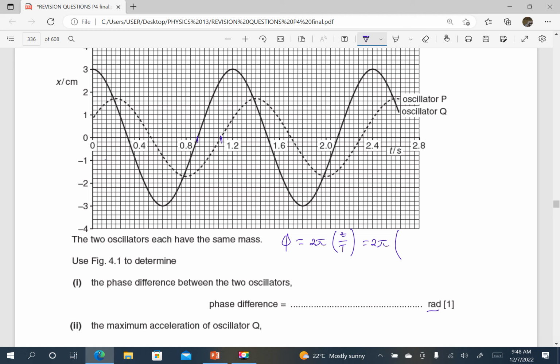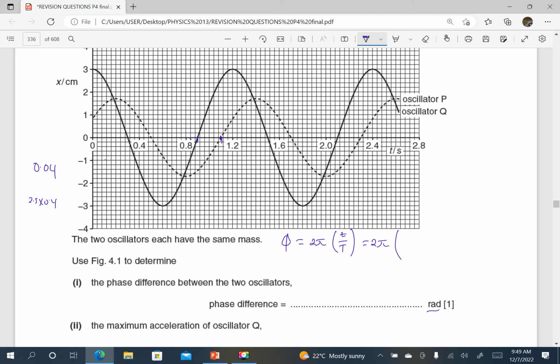So the scale on the x-axis is 0.04, that is 0.4 divided by 10. Then 2.5 times 0.4 is 1.